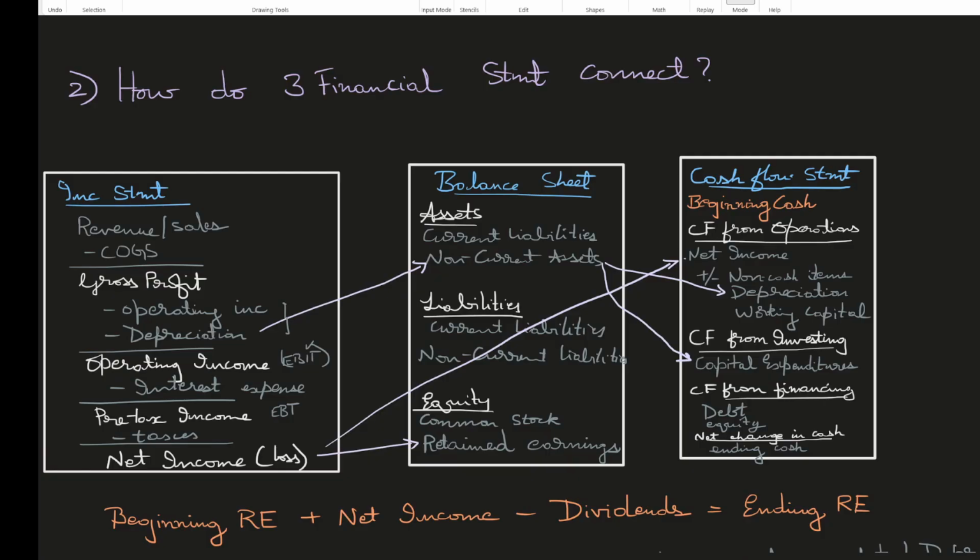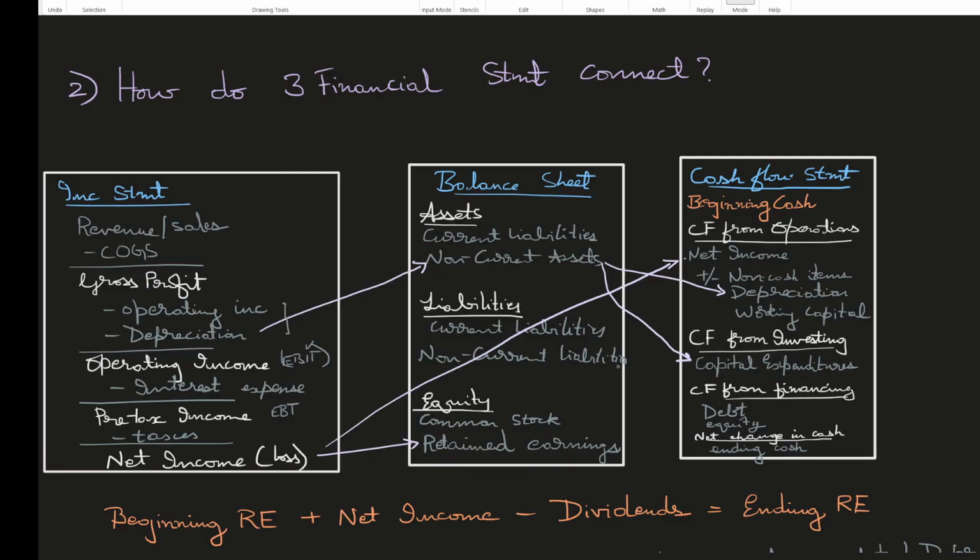When this question is asked, you need to understand that depreciation is linked to the non-current assets under the asset section of the balance sheet, and in turn, it is further linked to the cash flow statement, to cash flow from operations for depreciation and cash flow from investing under capital expenditures.